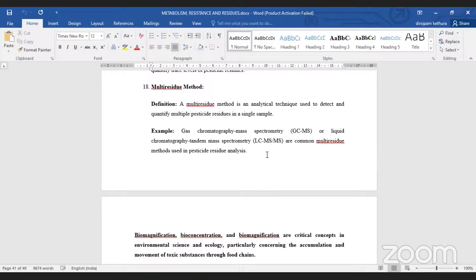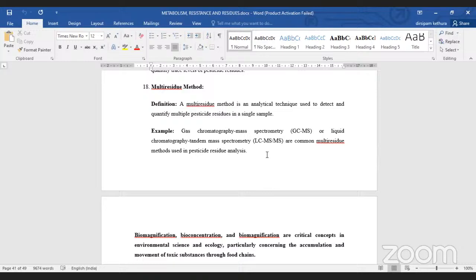Example, chromatography techniques. Here, different types of the chromatography techniques we are going to study. Example, column chromatography, thin layer chromatography, and high performance liquid chromatography. And many other chromatography methods we are going to study in this particular unit for estimating or quantifying the pesticide residues.